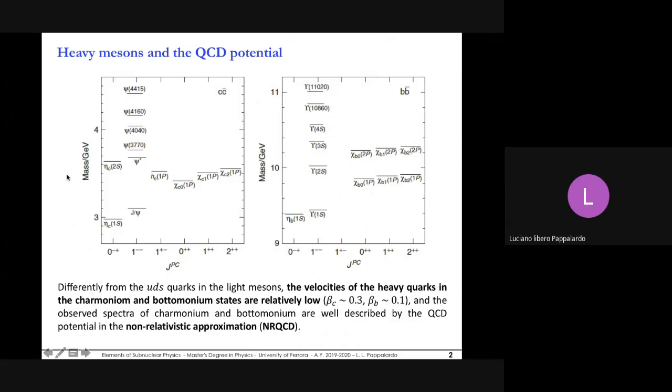As a consequence, the observed spectra of charmonium and especially bottomonium states are well described by a QCD potential in the non-relativistic approximation. This is what we call NR-QCD, non-relativistic QCD.